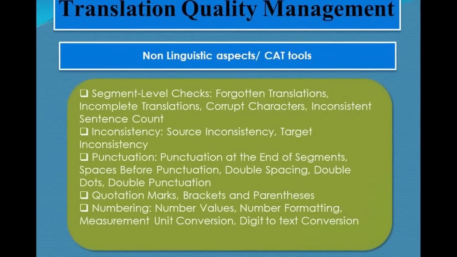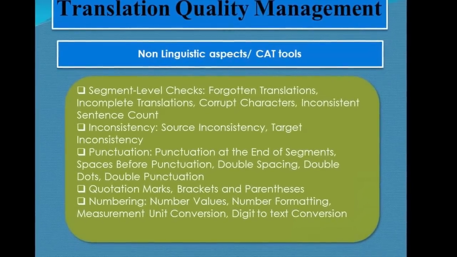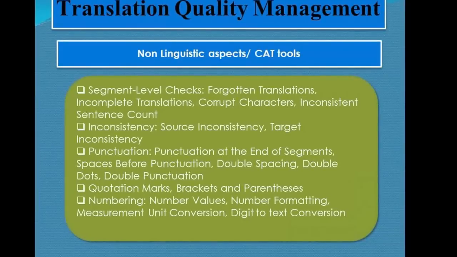Similarly, non-linguistic aspects, I told you, when you are using CAT tools, you are told to do certain tasks. For example, you are told not to cross a certain number of characters in a particular line. There are lots of forgotten translations.